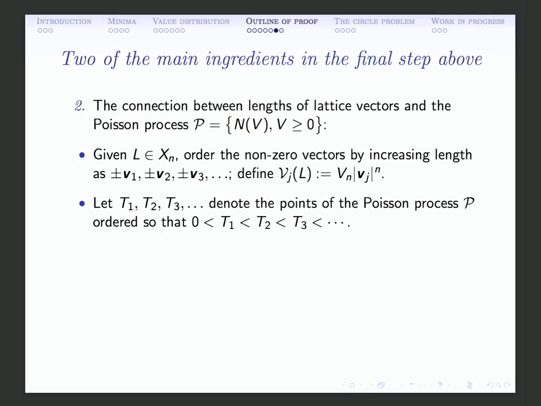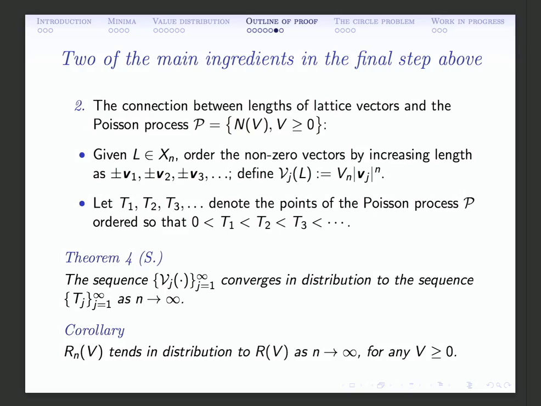And in the same way, I order the points of a Poisson process in an increasing fashion. And then I have two sequences of numbers, and it turns out that they are related in a rather straightforward way, so that as the dimension tends to infinity, the distribution of the sequence of script Vj's tends to the sequence of points of the Poisson process.